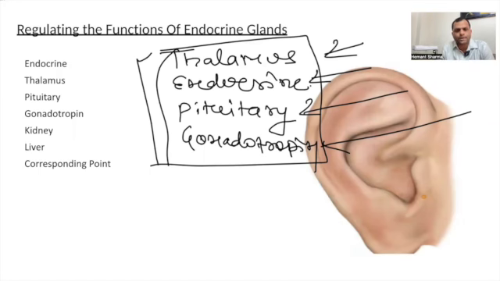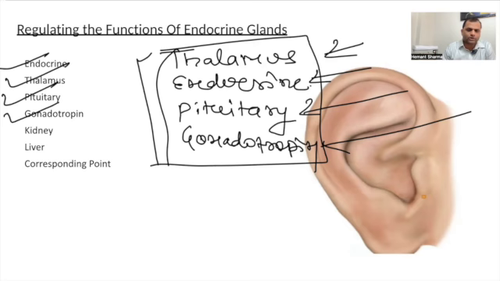So these are four the basic hormonal points. तो जब भी हम किसी भी प्रकार के हार्मोन को बैलेंस करना चाहते हैं तो ये हमारे चार मुख्य हार्मोन के पॉइंट्स हैं और यहां से हम ट्रीटमेंट स्टार्ट करते हैं. We always start the treatment from these four points. So endocrine, thalamus, pituitary and gonadotropin hormone. Then we also have to balance the 5 element.